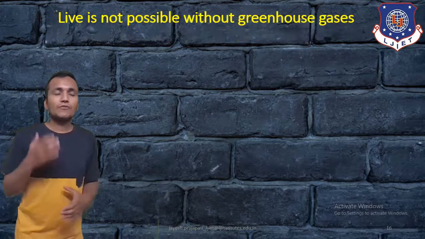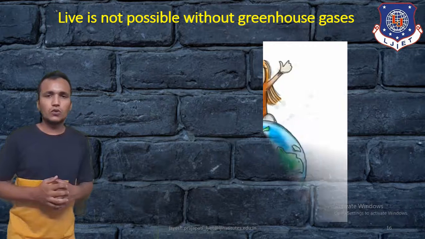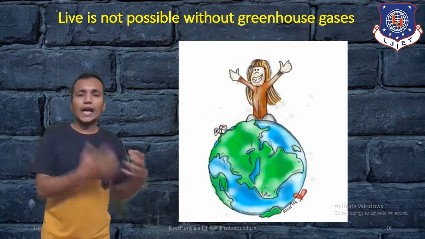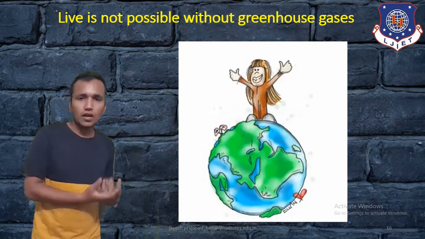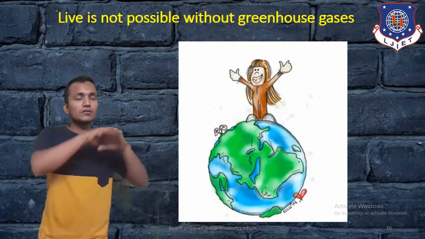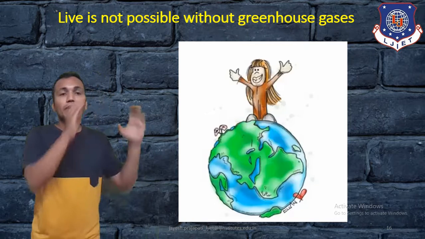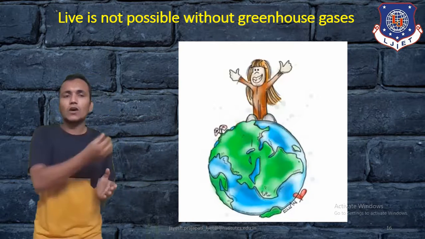Then life is not possible without the greenhouse gases. So we know that if we have to live on our earth, it is not possible without greenhouse gases, because the greenhouse gases cover our earth and protect it from the sun rays.